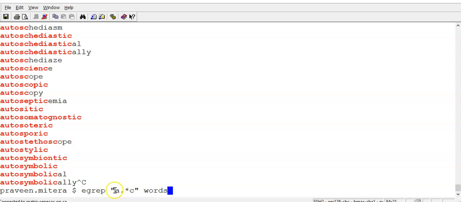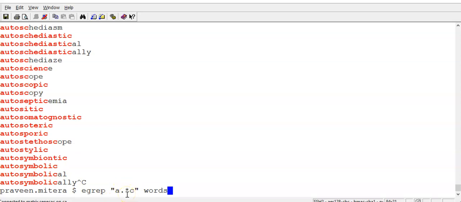So in other words, if I just had A followed by a C, that would be a match. Or if I have A, for example, here I have A here, none of these is anything, and we were looking for a C here. So A here, C here, and what's in between is any number of characters.